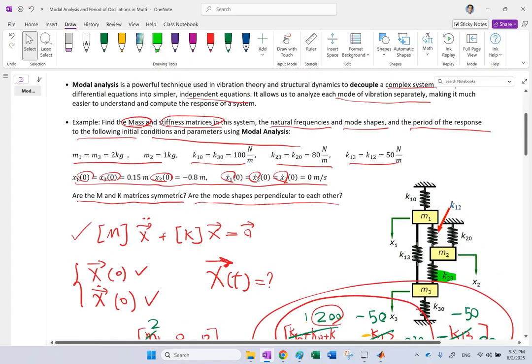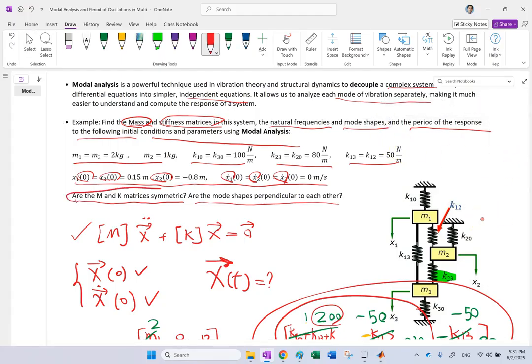Now let's move on to the next topic. So what would you do next? Next, we have to find the natural frequencies of the system and the mode shapes. Then we are going to look at properties of the mode shapes. So this part is done.